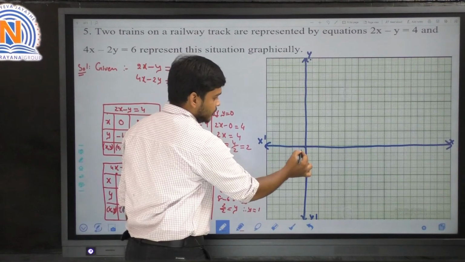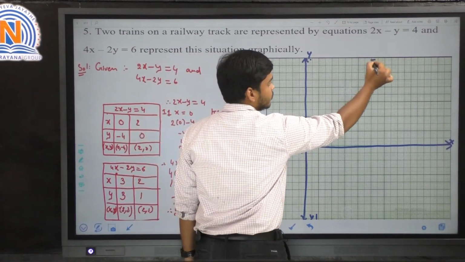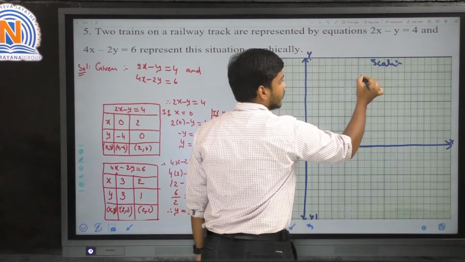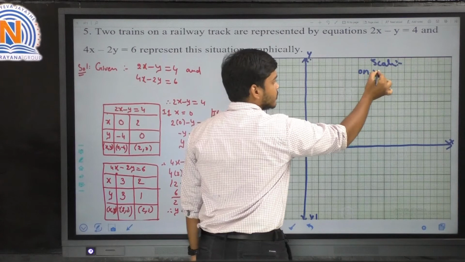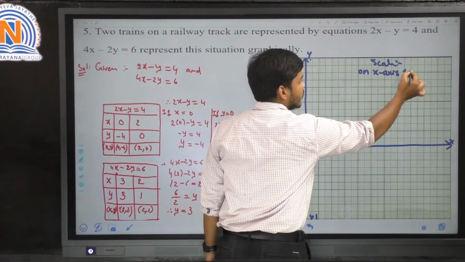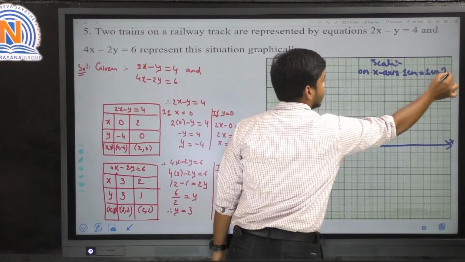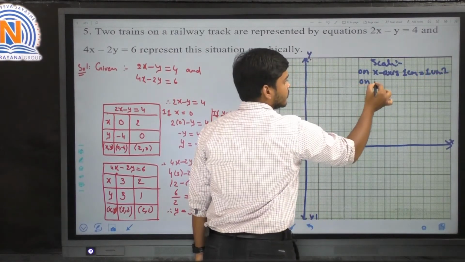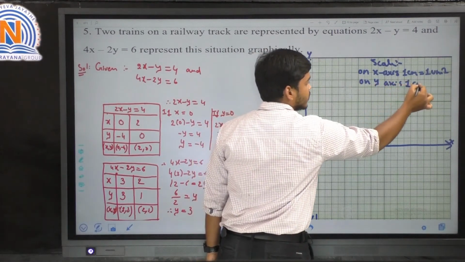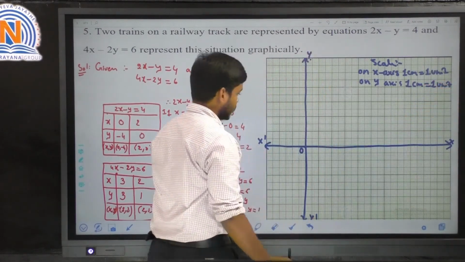This is the origin 0. Now the scale: on the x-axis, 1 centimeter is equal to 1 unit. On the y-axis, 1 centimeter is equal to 1 unit.